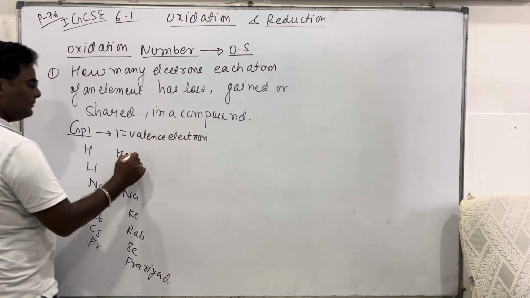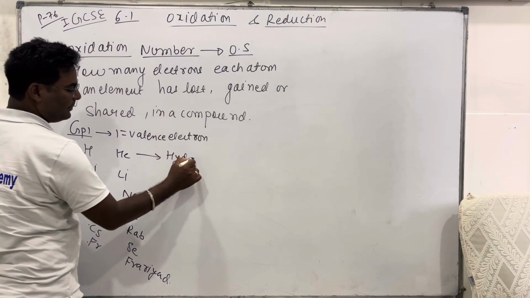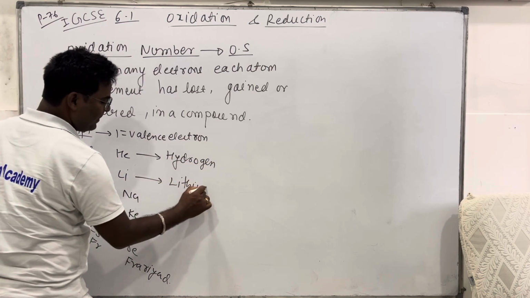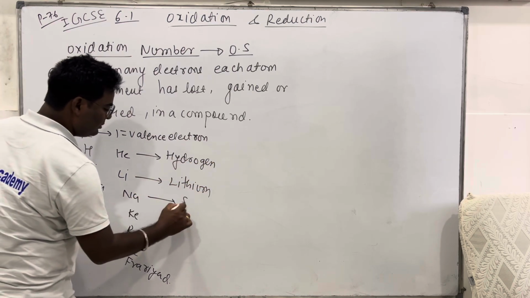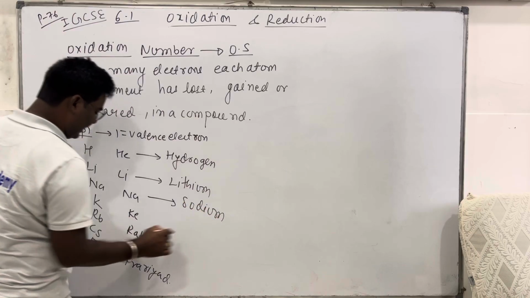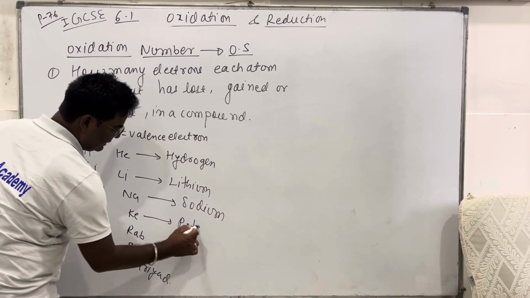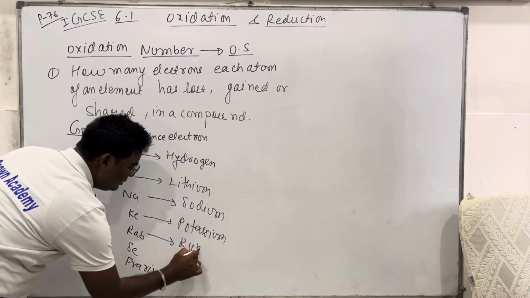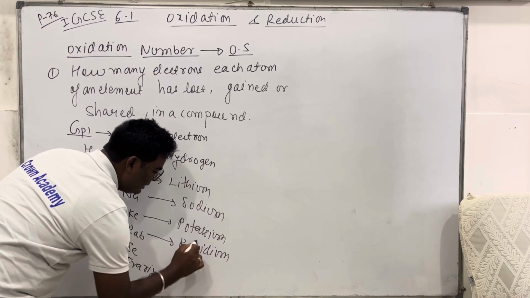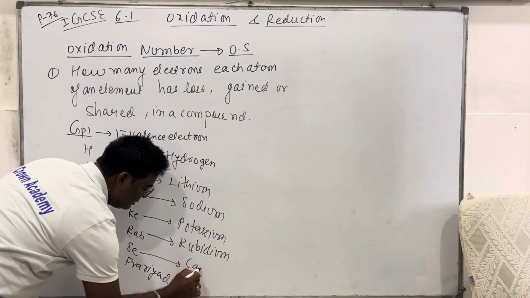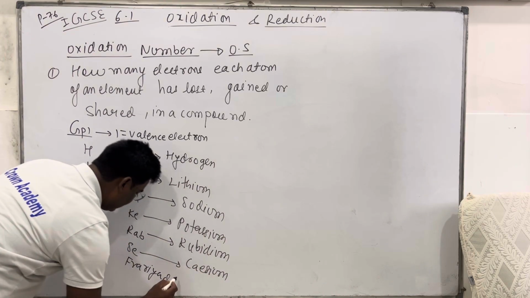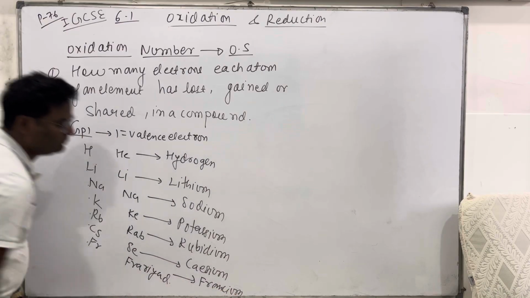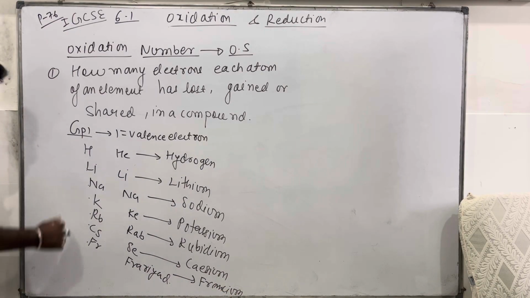So H for hydrogen, Li for lithium, Na for sodium, K for potassium, Rb for rubidium, Cs for cesium, Fr for francium. Understood?